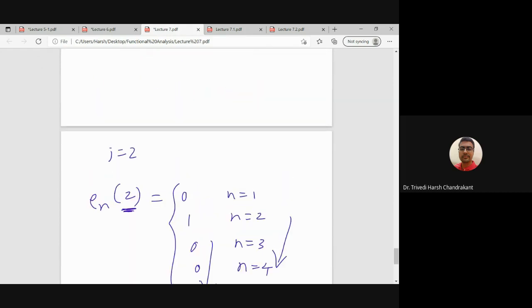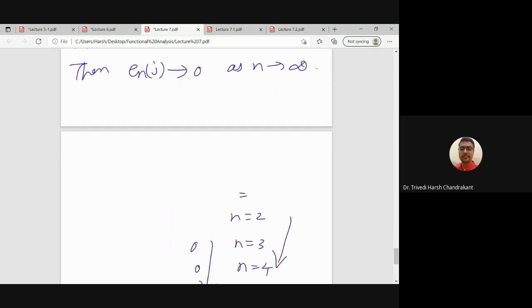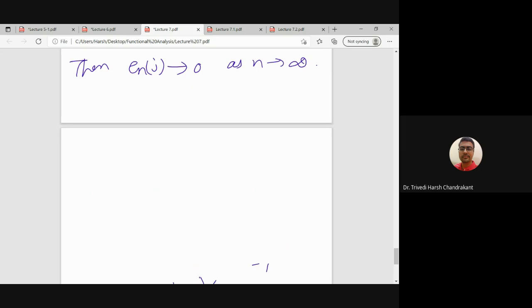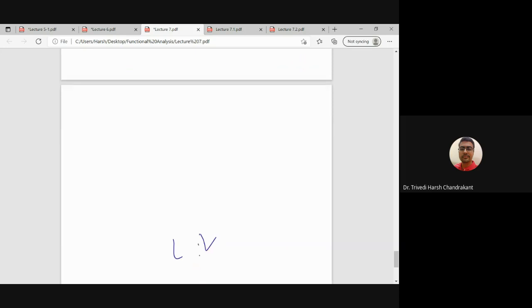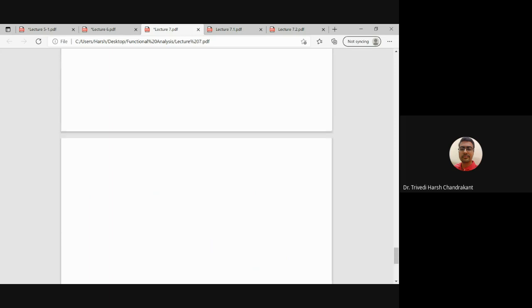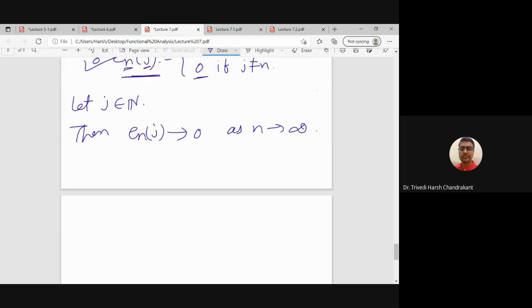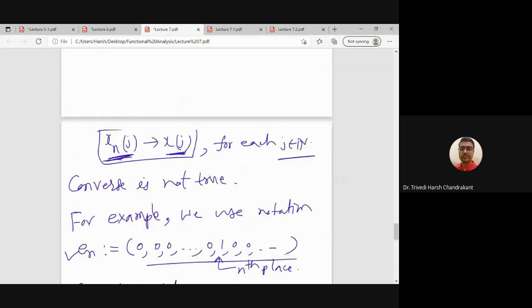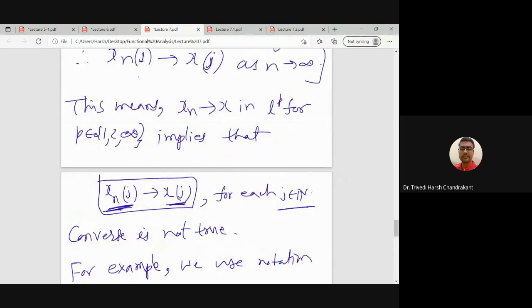So for any fixed coordinate j, en,j converges to 0. So that means entry-wise it converges. Right. So now entry-wise it converges to some number.